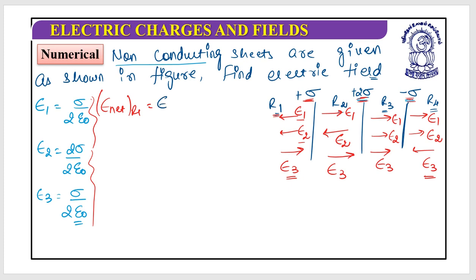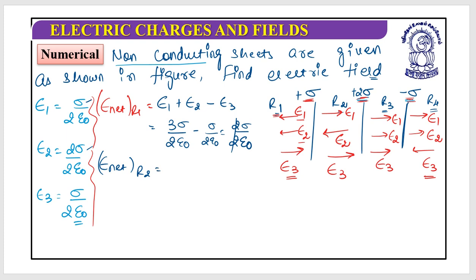So it should look like E1 plus E2 minus E3. E1 is sigma, E2 is twice sigma, so that total would be 3 sigma minus sigma. This is 3 sigma by 2 epsilon naught minus sigma by 2 epsilon naught. This is 2 sigma by 2 epsilon naught, which ultimately gives us sigma by epsilon naught. Are you sure?